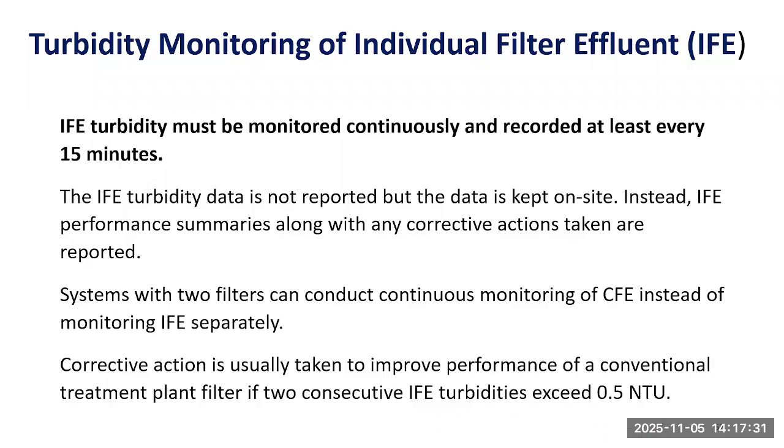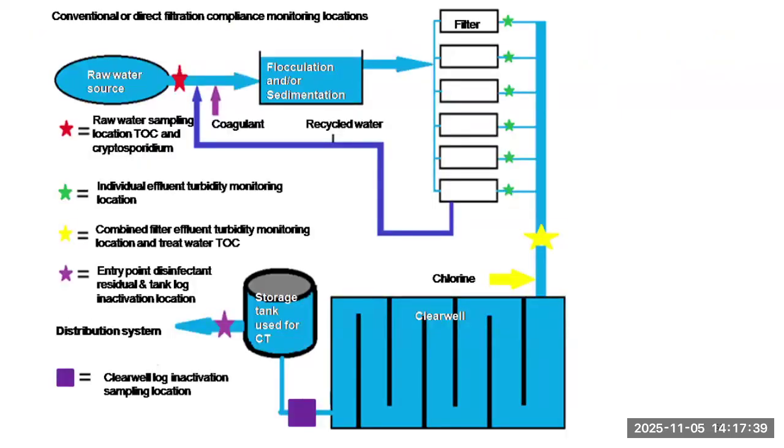And how we operate the plant is quite often dictated by these turbidity levels that we have. This shows a typical treatment train. It's good to show where sampling and our compliance points are. So we've got a raw water source. We're going to have our raw water sampling location.